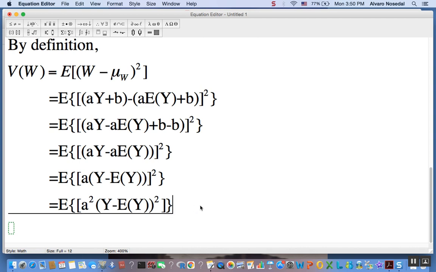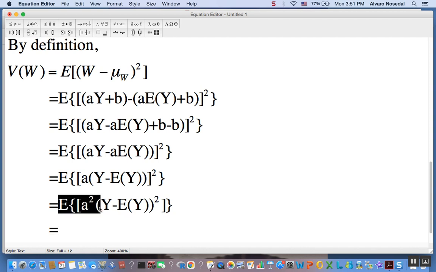Now, what we have is expected value of a constant times this. We know that we get to factor out that constant, right? That's one of our theorems, right?